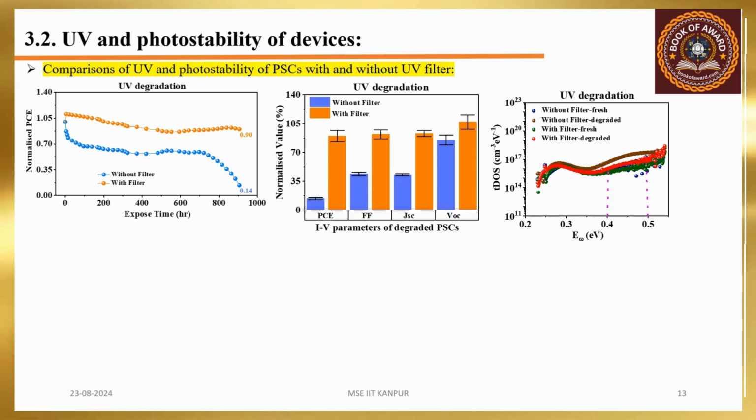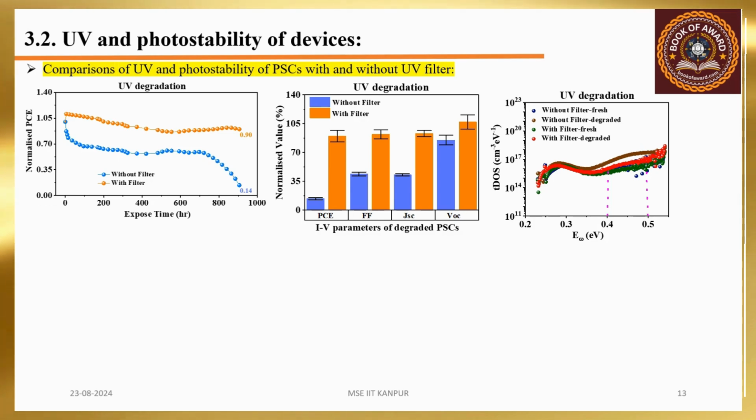Then we observe that without filter, the intermediate band trap density increases as compared to with filter. With filter it almost remains the same like fresh devices.